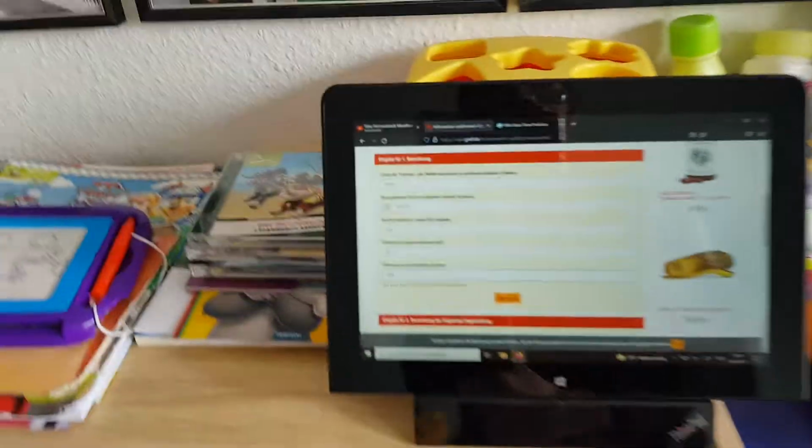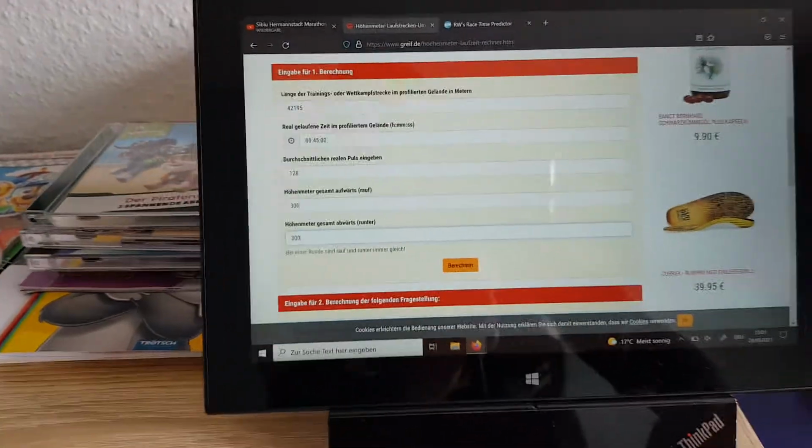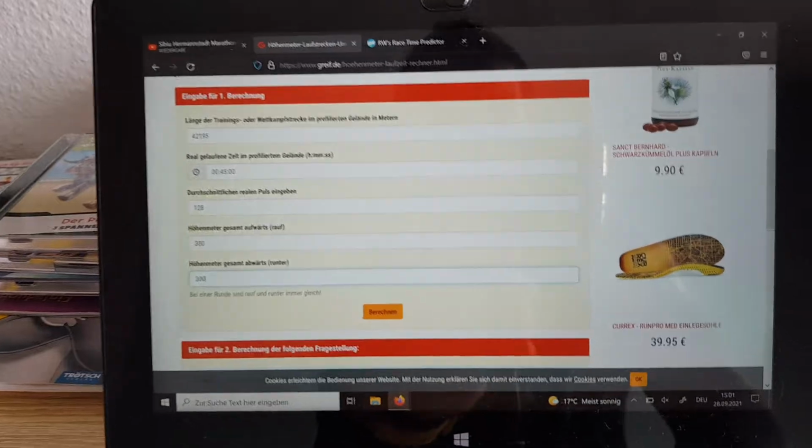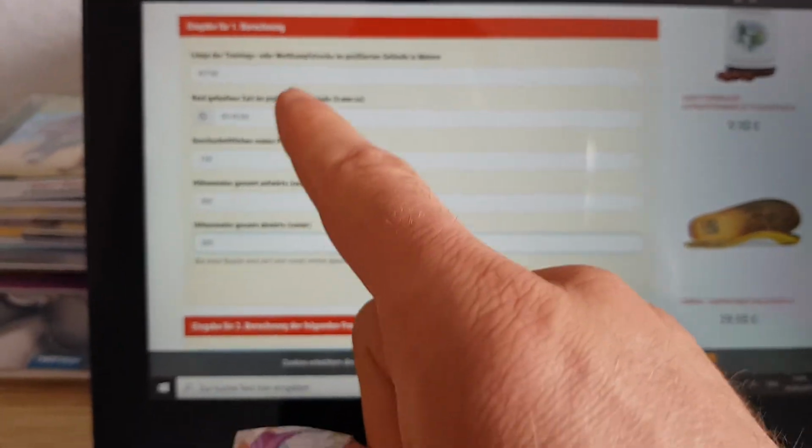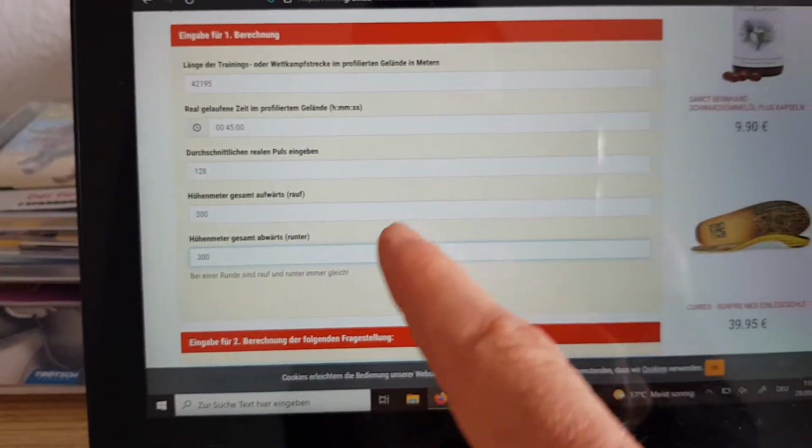Now we move on to point number 2, where you have to reconsider after having that predicted race time, which all runners do, but that's not enough. You have to go to the race profile. Here is a German guy, Greif, who has provided us for many years, if not decades, a calculator which allows you to calculate the elevation meters of the marathon.